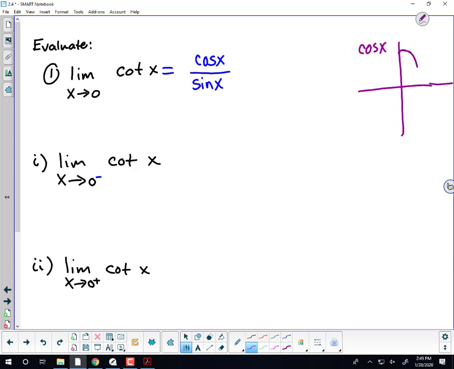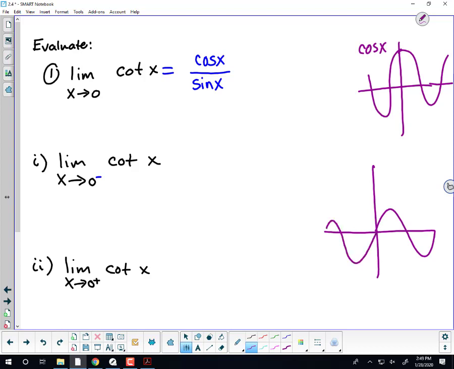There's cosine, sort of, and we'll put sine over here too. Good enough. So we're going to keep these in our mind. The top approaches 1.